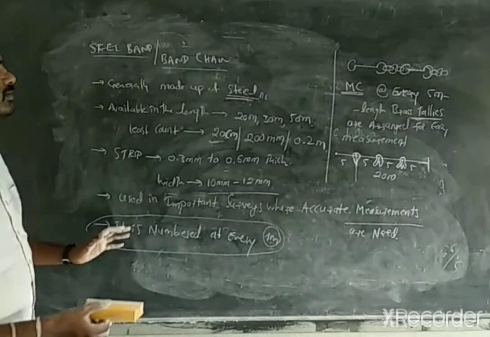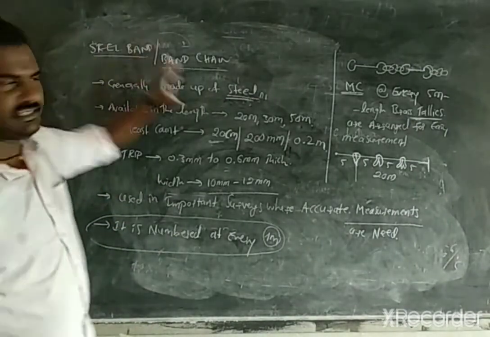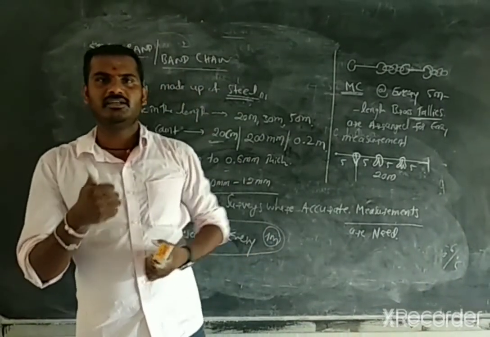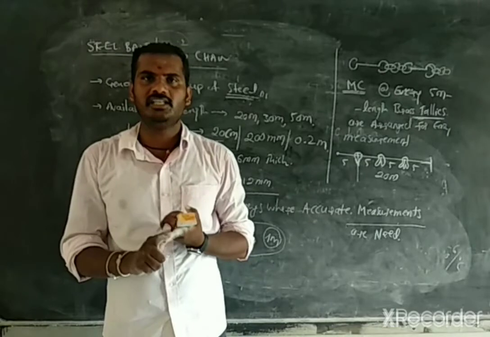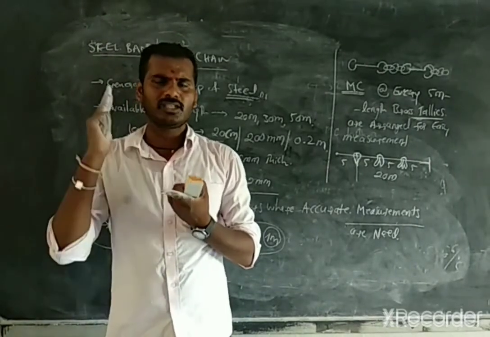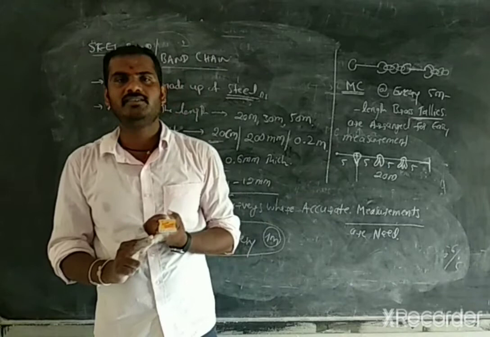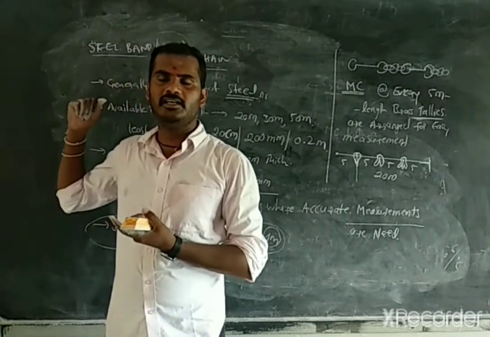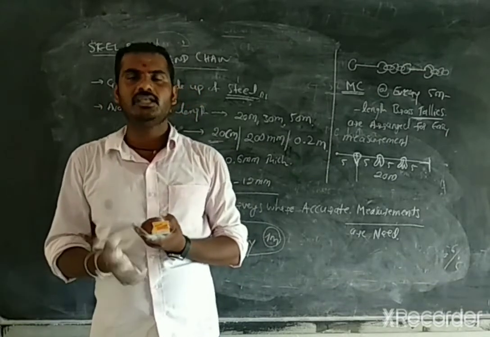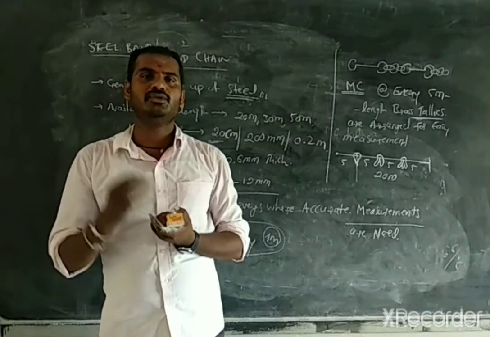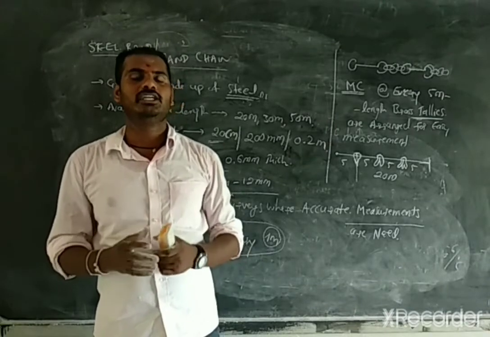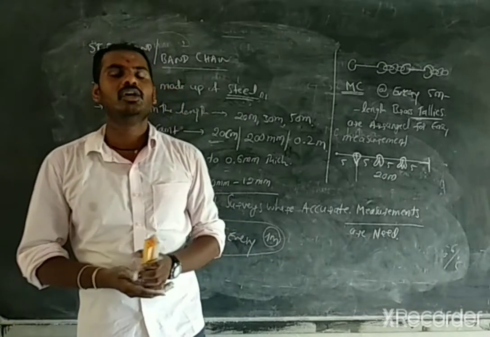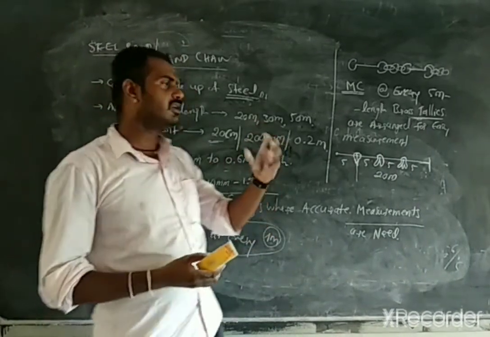So this is how we do the classification of chains. Chains are classified into 5 major categories. First is the metric chain, second is the engineer's chain, third is Gunter's chain, which you can also call the surveyor's chain, fourth is the revenue chain, and the last type is the steel band or band chain. Each individual chain has its own properties while measuring distances.